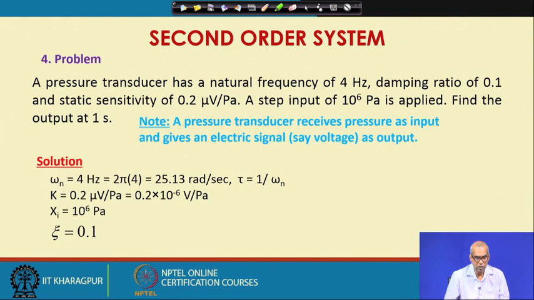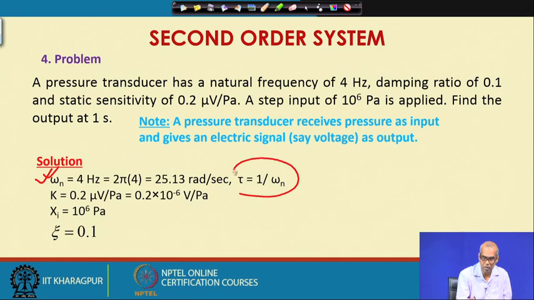So, all the information is given. Omega n is given, tau can be obtained as 1 by omega n. So, frequency of oscillation is given from which the time constant tau can be obtained.